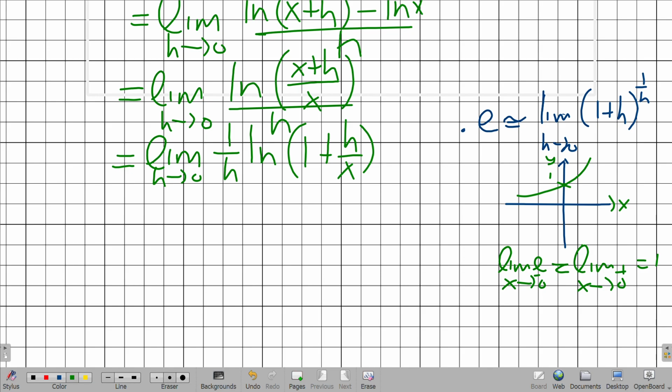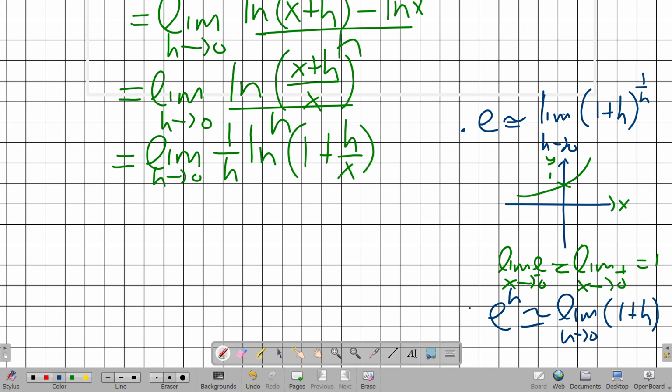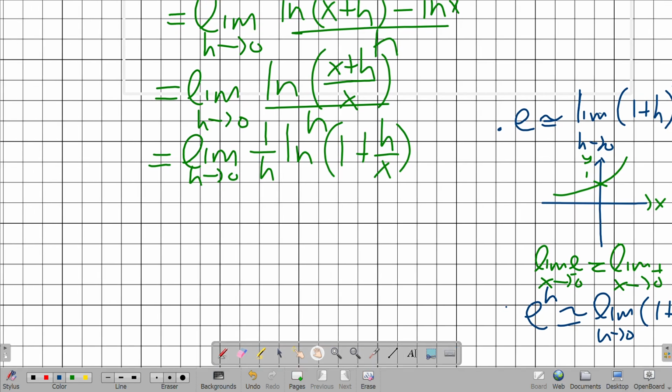This also tells us that we can remove the exponent on the right hand side and put it on the left. It becomes e to the power of h is approximately equal to the limit as h approaches 0 of 1 plus h.